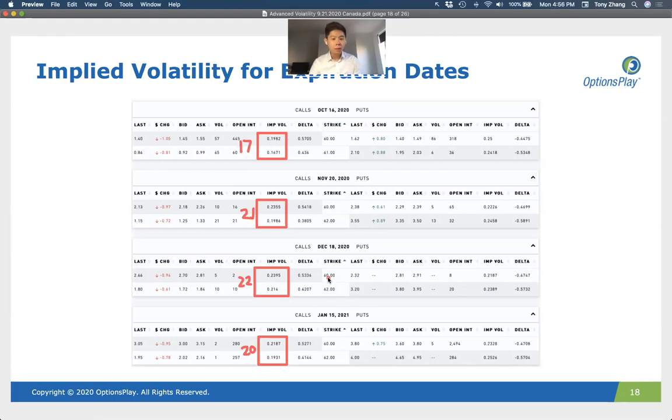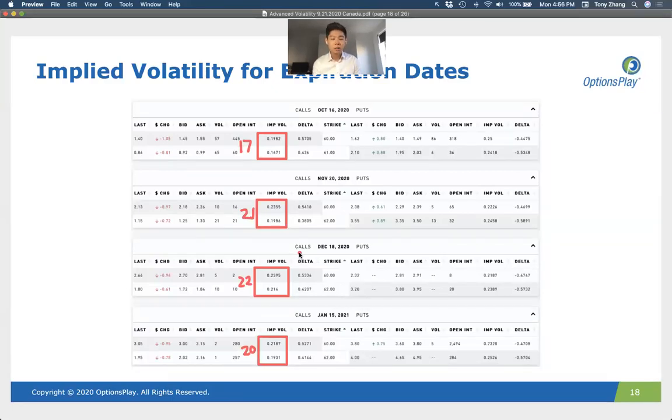But generally speaking, if you're buying options, you obviously want to buy lower implied volatility, so you might want to buy a January. If you're selling, you might want to sell a higher one, like a November or December. This gives you a better sense when you're choosing expiration dates, whether you're buying or selling an expiration date that has relatively cheaper or relatively more expensive options.